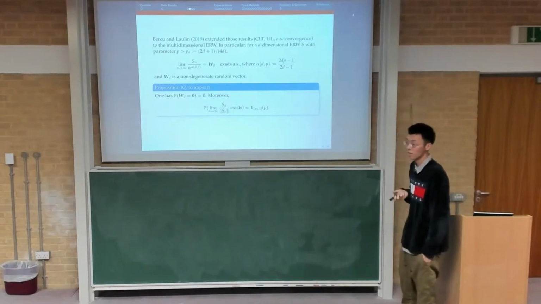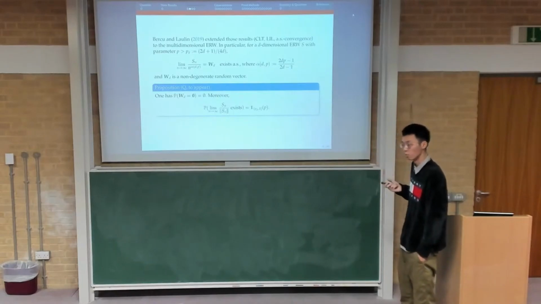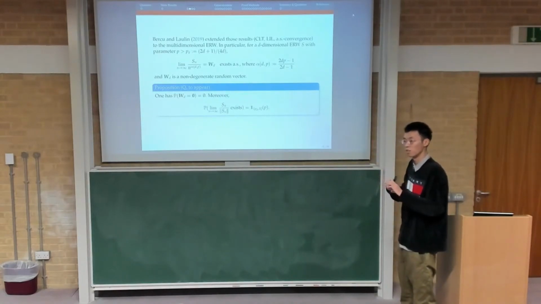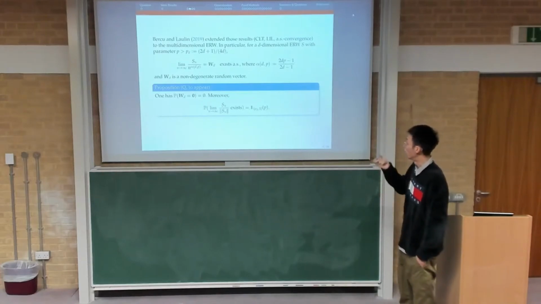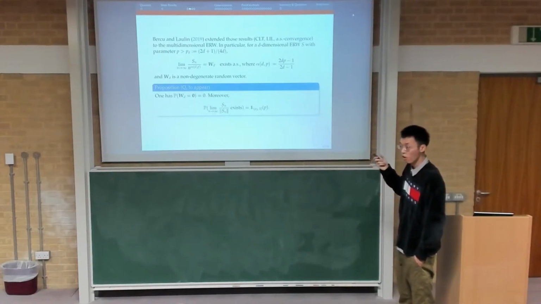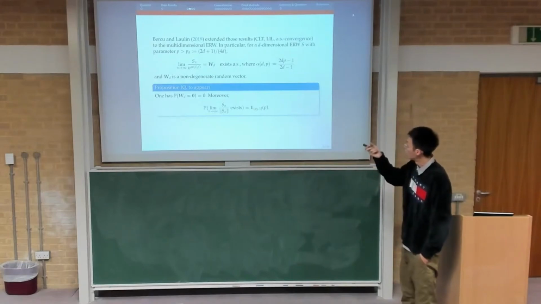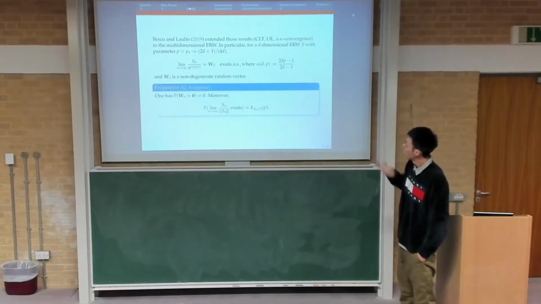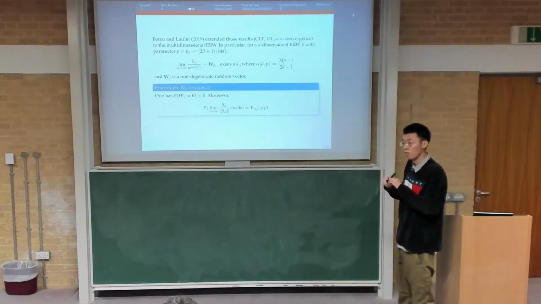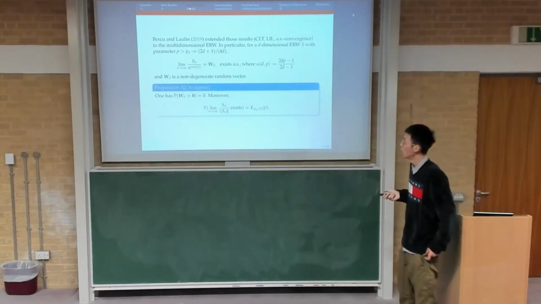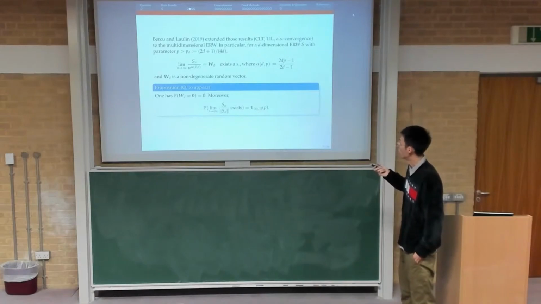When p is less than or equal to pd, there are certain kinds of central limit theorem and LIL. But when p is greater than pd, there is an almost sure convergence result. For example, S divided by n to the alpha will converge to some non-degenerate random vector, a d-dimensional random vector.